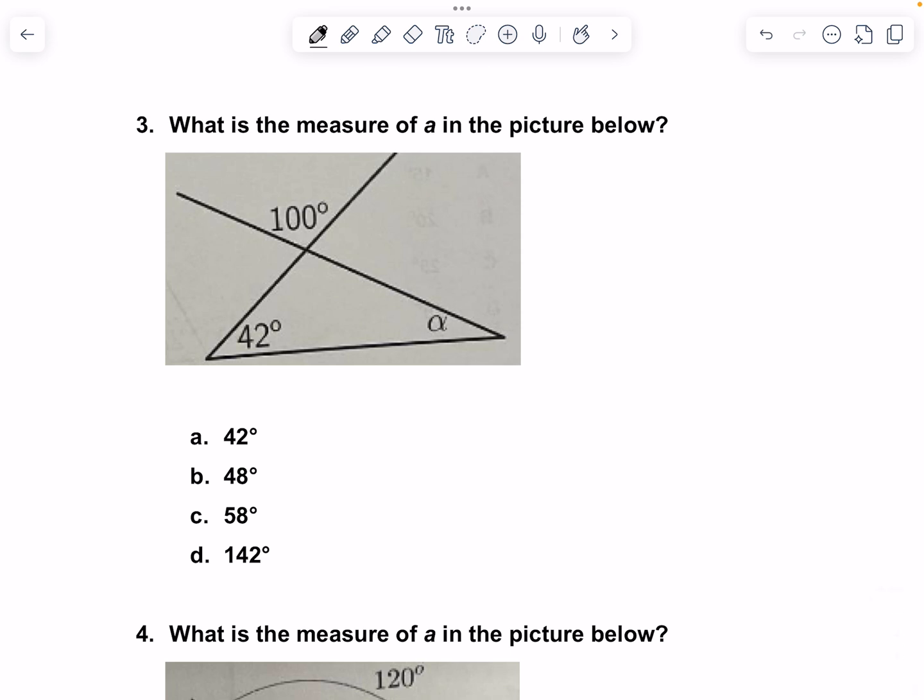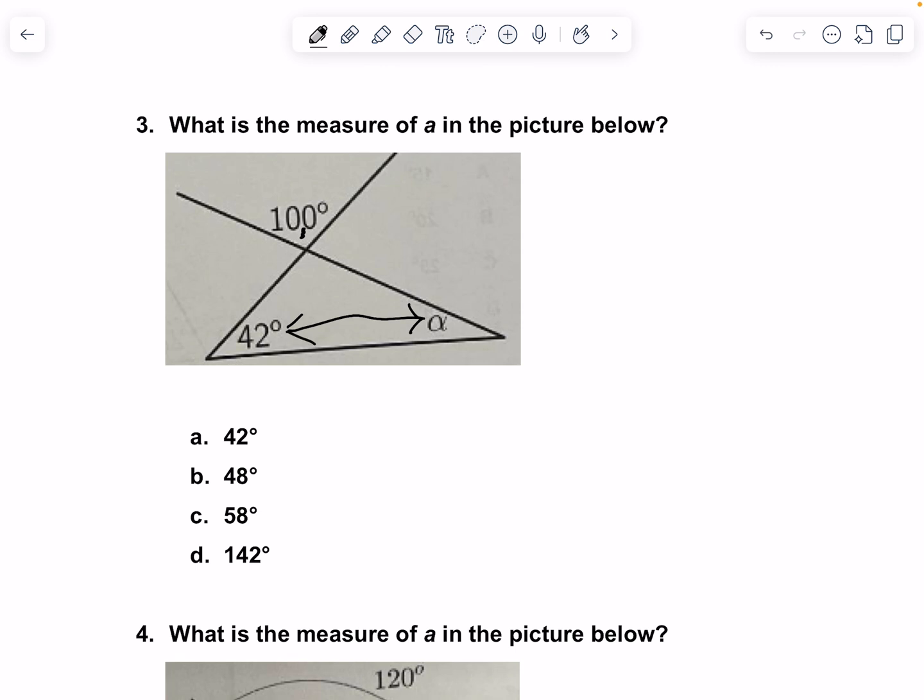Number 3 says, what is the measure of A in the picture below? For this one, the rule is that this exterior angle right here would be the sum of these two angles added up.